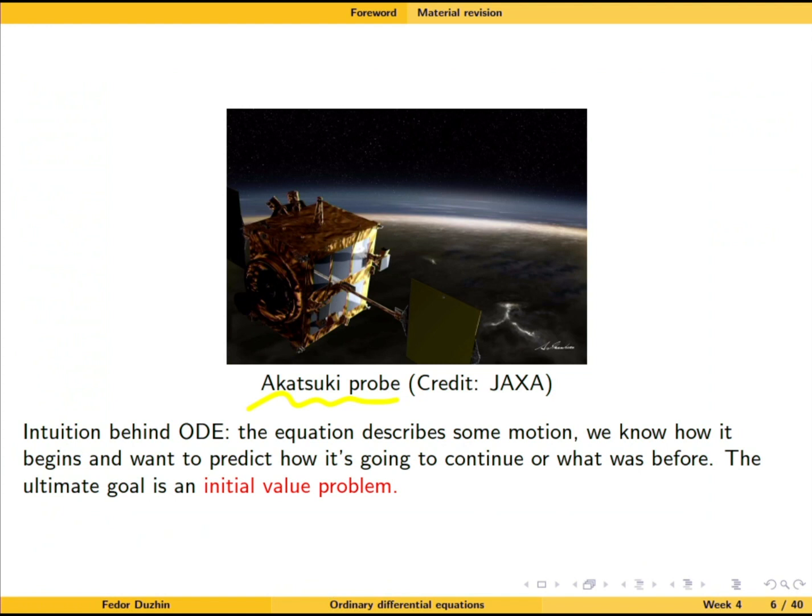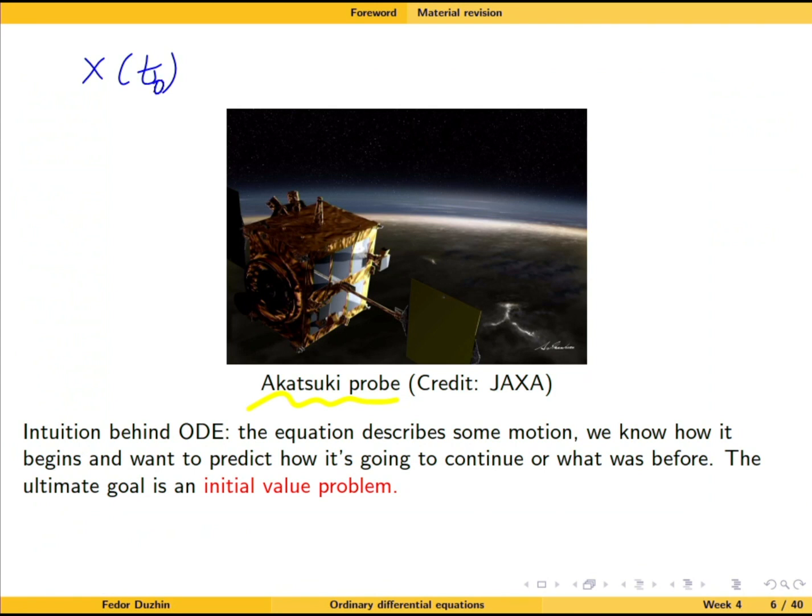The probe is at a certain position, say x of t. When we apply force to it, by applying acceleration, we change its initial speed, right?